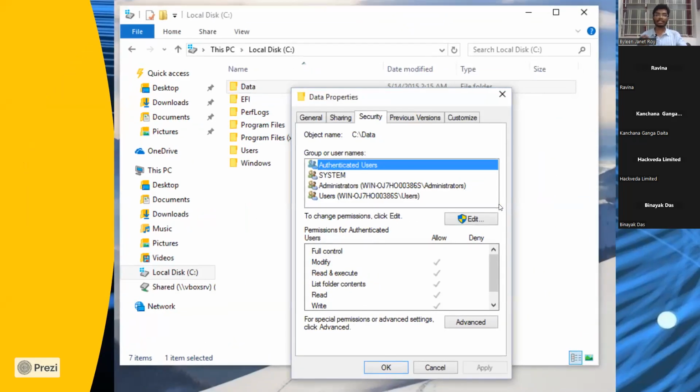And this is a screenshot of my PC, my system, showing how to give access to a folder to other users as the administrator. You can see here, I have gone into the properties of the folder named data, where I have the tab known as security, and I can see the permissions listed here: full control, modify, read and execute, list folder contents, read and write.